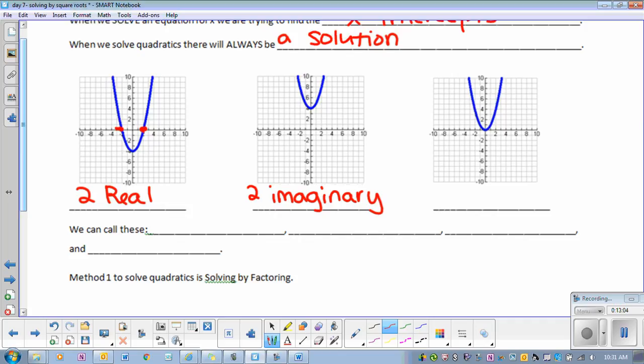All right, so look at the last one here. Does it cross through the x-axis? Does it go through it though? No. It looks like it's just touching it, right? So these kinds of graphs where it looks like the graph is bouncing off of the x-axis, this means that you have one real solution.